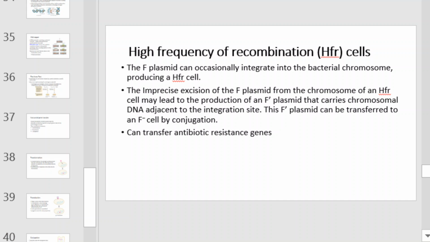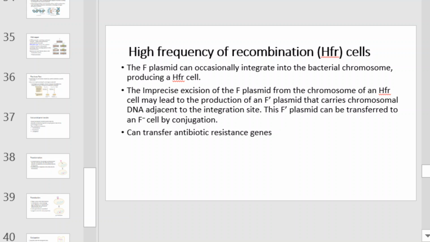High frequency of recombination cells, or HFR cells, are cells where the F plasmid can occasionally integrate into the bacterial chromosome. The imprecise excision of the F plasmid from the chromosome of an HFR cell may lead to the production of an F plasmid that carries chromosomal DNA adjacent to the integration site.